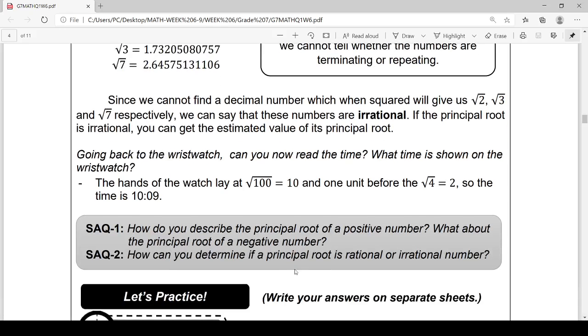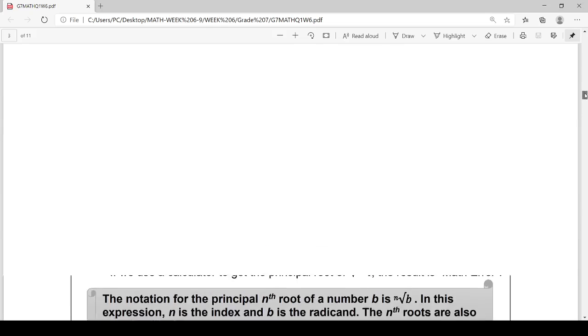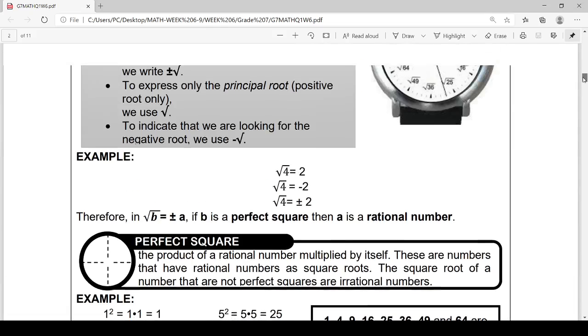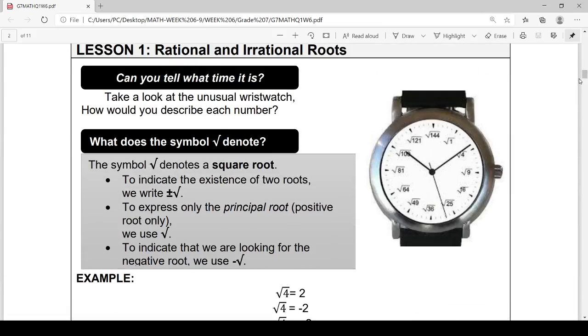Going back to the wristwatch, can you now read the time? What time is shown on the wristwatch? We'll go back there. What time is shown?